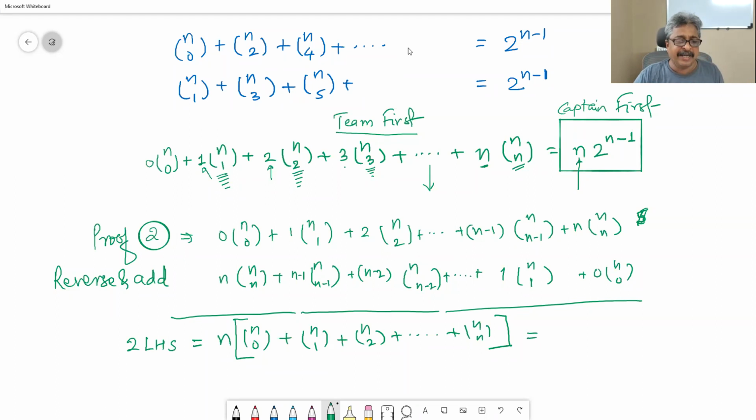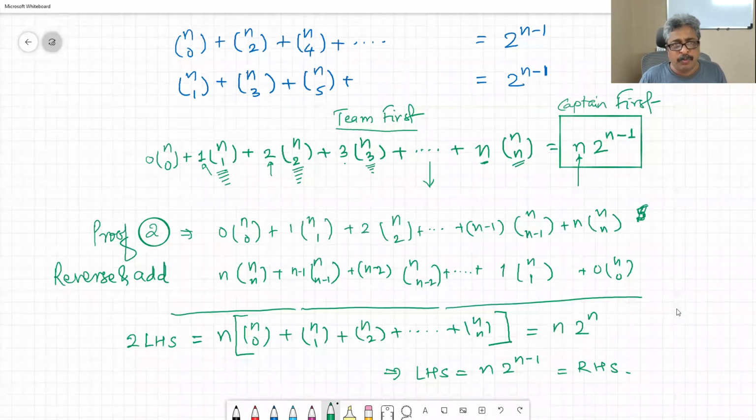But what is this rectangular bracket? We have already proved it: n into 2 raised to n. The rectangular bracket is 2 raised to n. Therefore LHS is equal to n into 2 raised to n upon 2, which is n into 2 raised to n minus 1, which is RHS. Okay, this is the simplest proof of this identity, reverse and add.